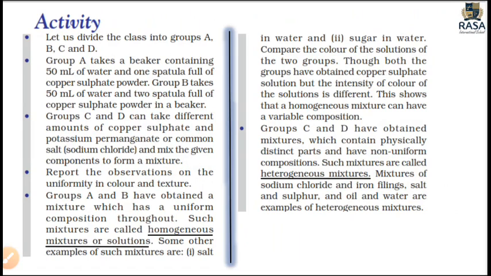Some other examples of homogeneous mixtures are salt in water and sugar in water. Now when we compare the color of the solution of the two groups, A and B, though both have obtained copper sulfate solution, the intensity of color is different because they mixed different amounts of copper sulfate in the same quantity of water.